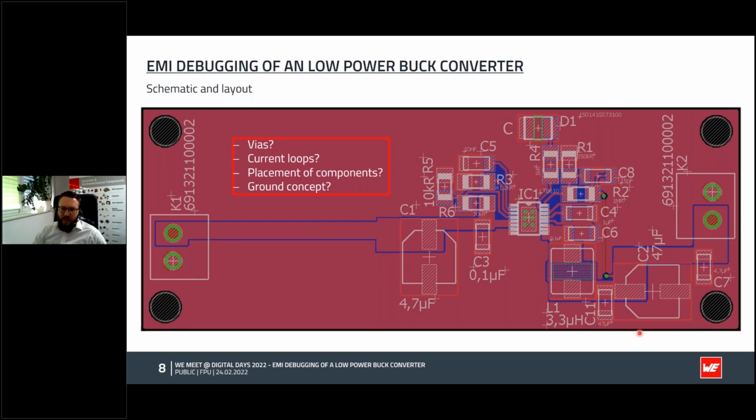Also, the placement of the components is not the right one, and as I said, our ground concept, especially looking at a magnetic loop antenna. What I built up here, with the C-in ground and the output ground, is quite separated. The input capacitors C1 and C3 are really far away from the input pin. Also, the bootstrap capacitor is not placed and connected in the right way, with long traces to the component.